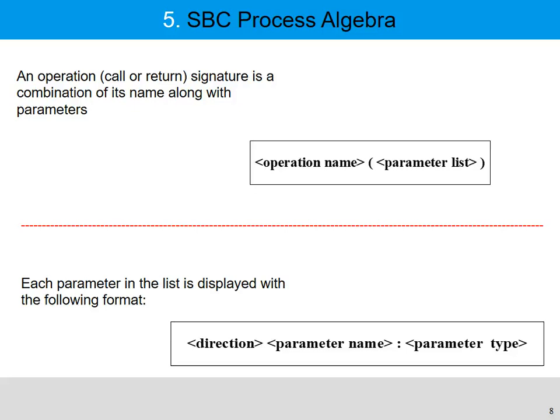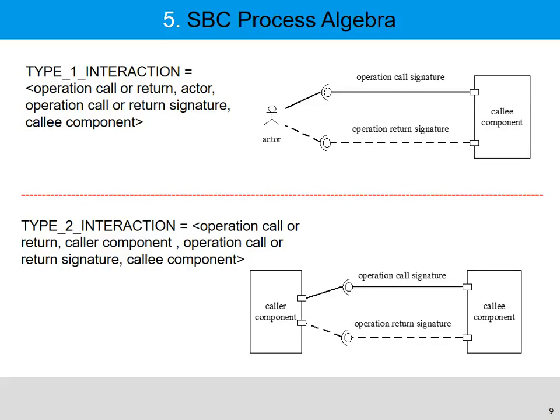In SBC process algebra, an operational call or return signature is a combination of its name along with parameters. And each parameter in the list is displayed with direction, parameter name, and parameter type. There are two different kinds of interaction.